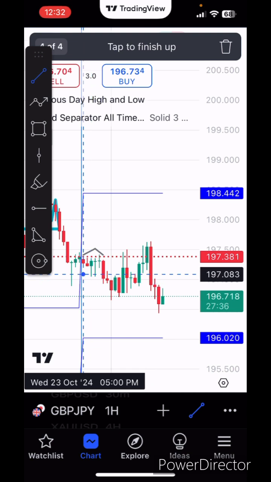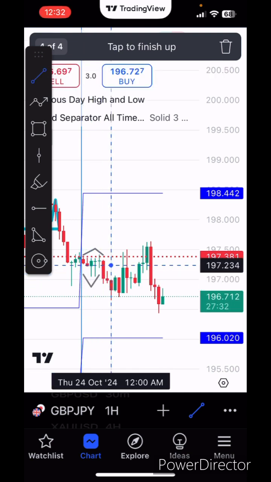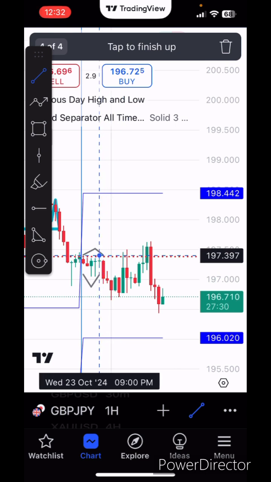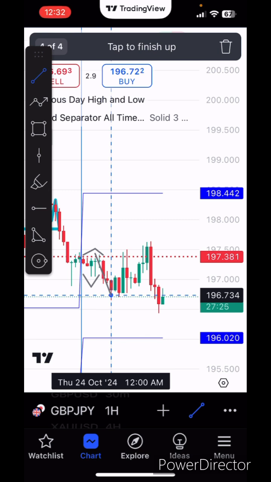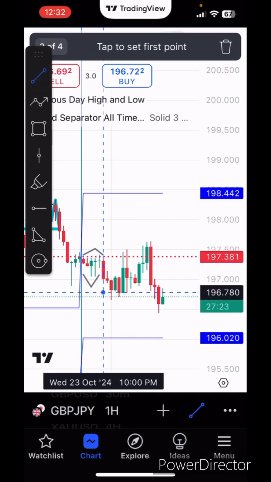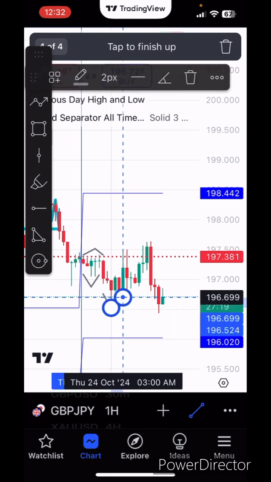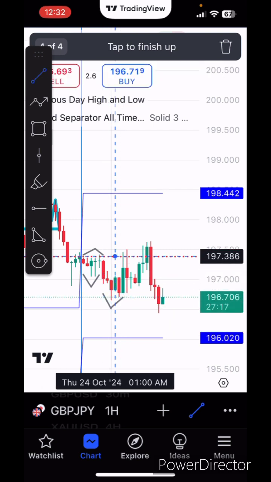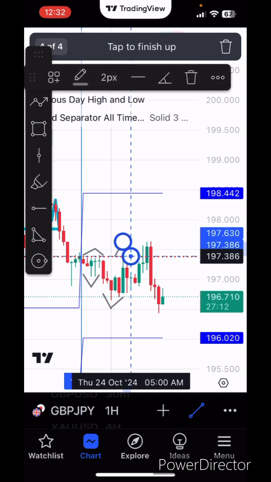We also get this low of the day formation right here. And then we proceed to trade lower, right? So we get this low of the day formation, then we trade back higher, right?